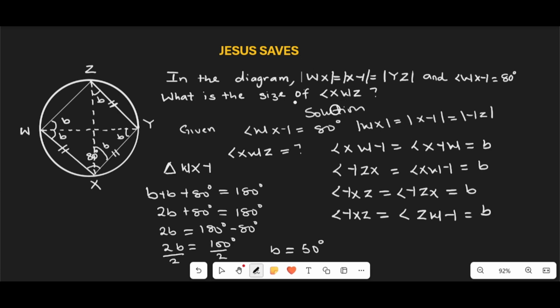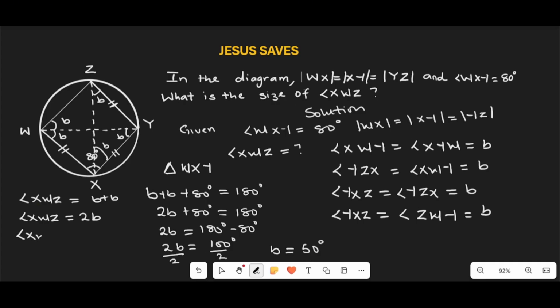So the question says we should find angle XWZ. Angle XWZ is equal to B plus B. So angle XWZ equal to B plus B. Angle XWZ equal to 2B and B equal to 50 degrees.